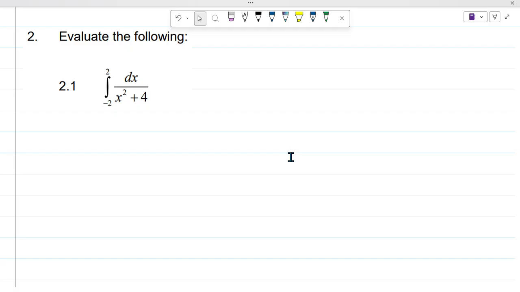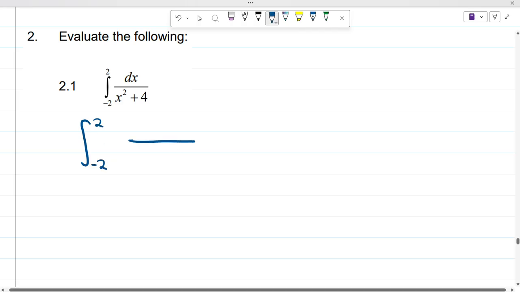So now we've got the integral of 1 dx divided by x squared plus 4. What you need to do here is rewrite it nicely first so that you can see that indeed it is what you are dealing with. I don't want to get chopped by easy equations because of being lazy to write it nicely first.